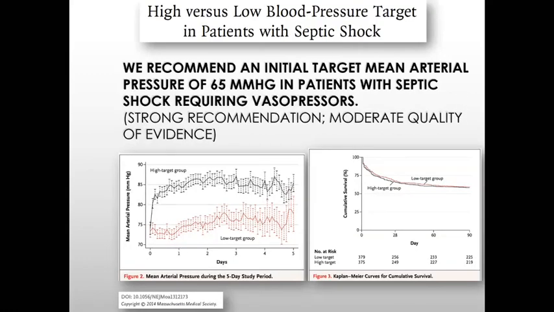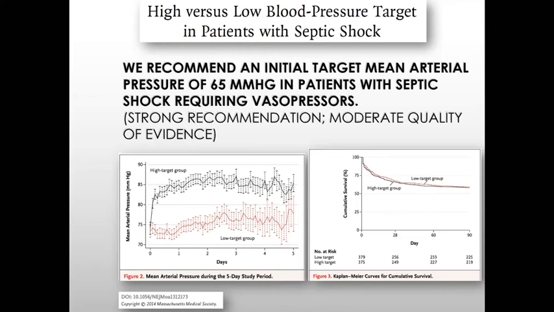So what blood pressure should you aim for? Should you aim for a higher blood pressure in patients who are older or hypertensive? And the evidence is no. And this is a study where they divided septic shock patients into two groups, randomized them to a target of more than 70 to 75 versus a target resuscitation of 65, and they both did much the same.